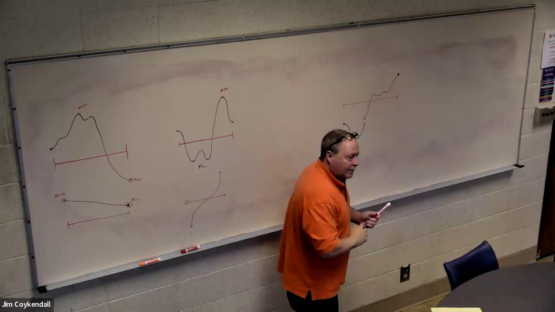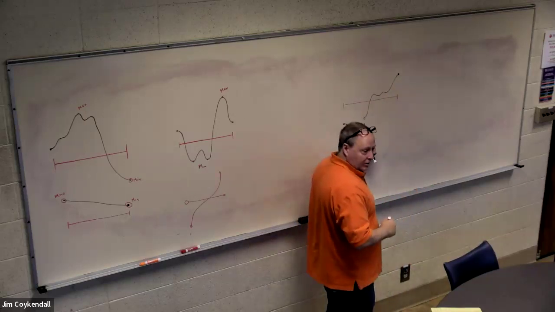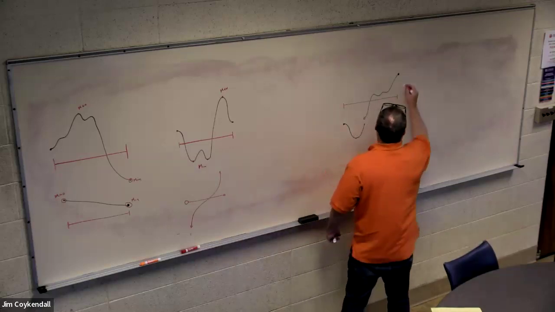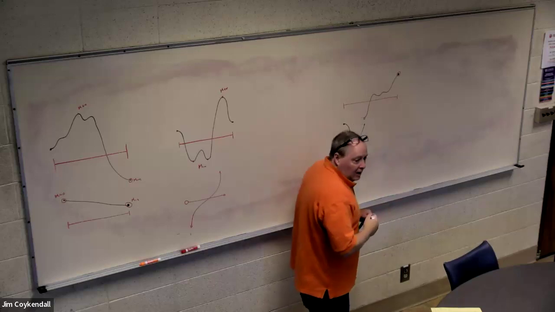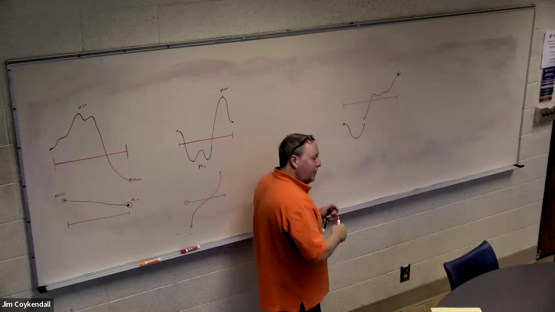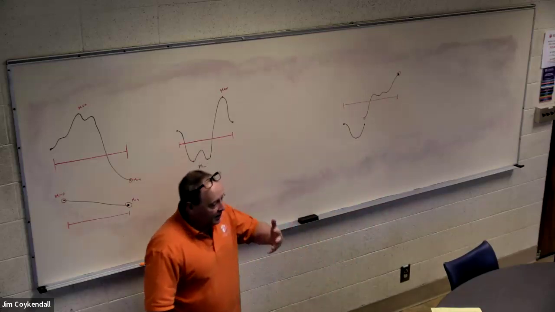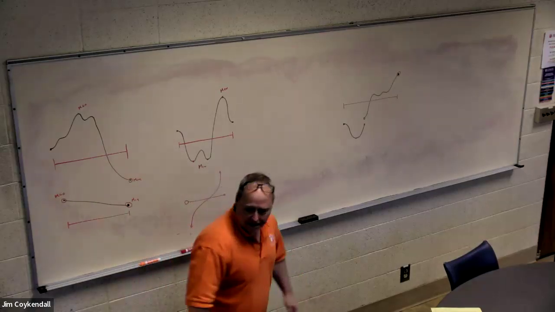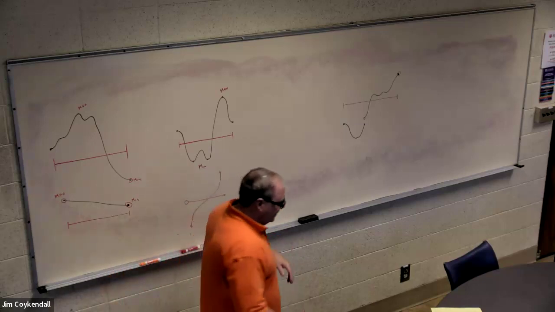Notice this function is not continuous, but you certainly do have the max and the min. So it's possible to get lucky, right? But what the theorem tells you is that if it's continuous on the closed interval, you don't have to get lucky at all. Okay, any questions?